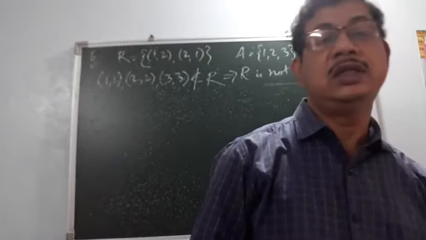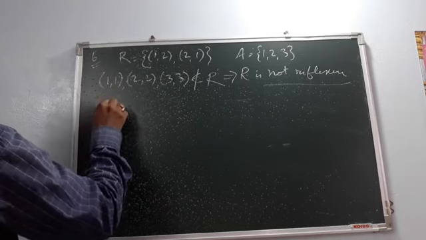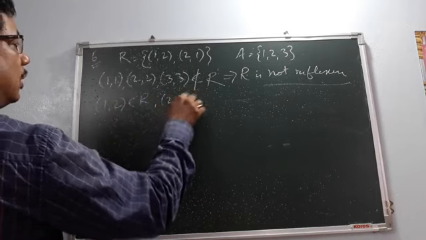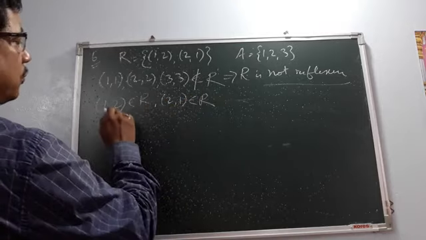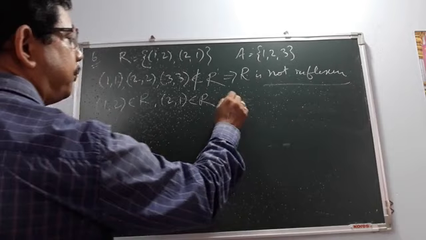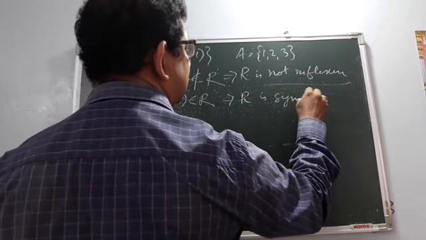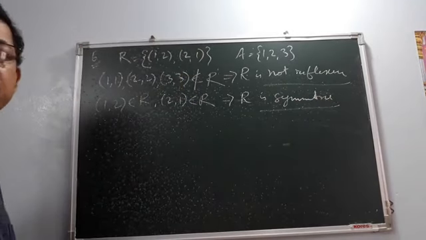Then we have to prove it is symmetric. If we take (1, 2) belongs to R, (2, 1) belongs to R. Or you can take the opposite: (2, 1) belongs to R, its opposite (1, 2) belongs to R. Implies R is symmetric. So we find R is symmetric.